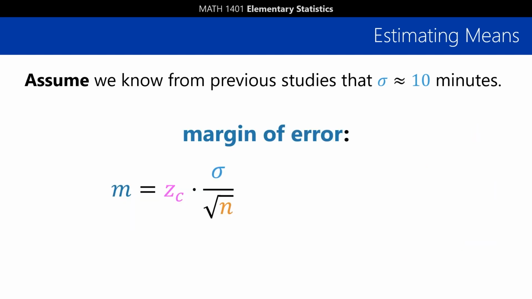From there, we can compute the margin of error, our critical z-value times the standard error, that is, the population standard deviation sigma, divided by the square root of the sample size n. In this case, that's 1.96 times 10 divided by the square root of 40, and that comes out to about 3.1. That now gives us everything we need to construct our confidence interval.